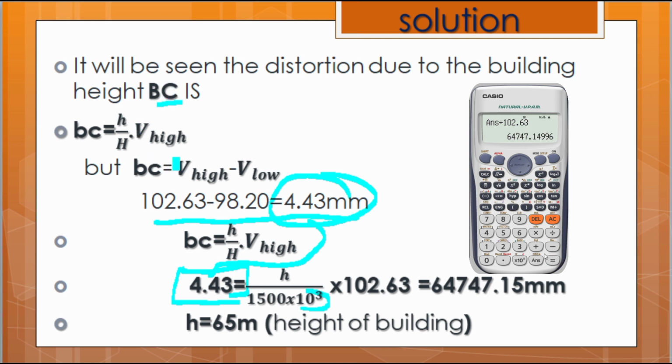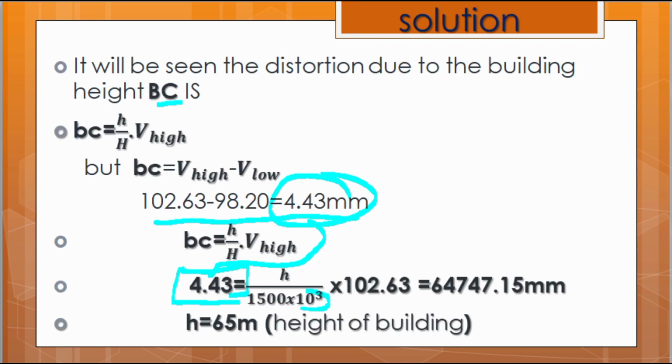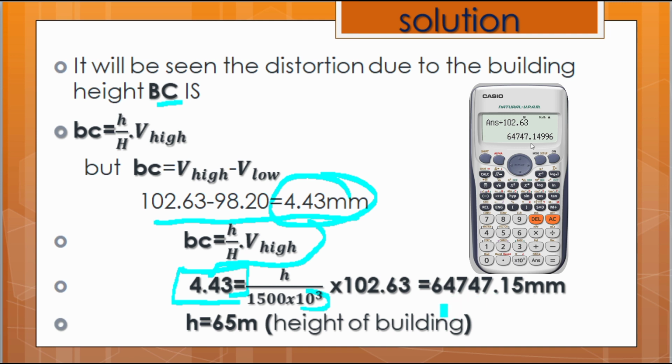So then we come here. V high, we were given in the equation here. So our V high is 102.63 millimeters given to us there. Remember, that's why we're getting our V high. So by multiplying it, I'll get 64,747.15 millimeter.